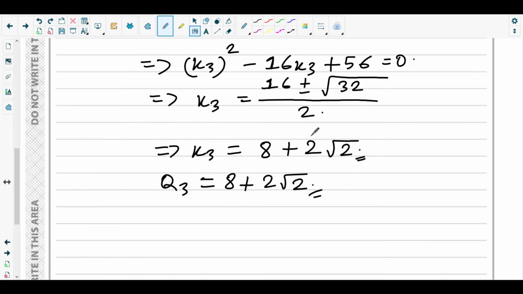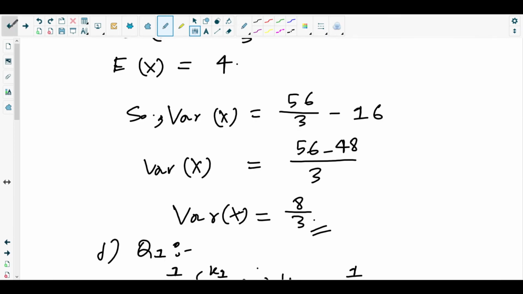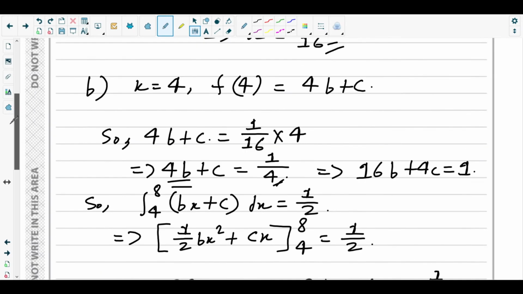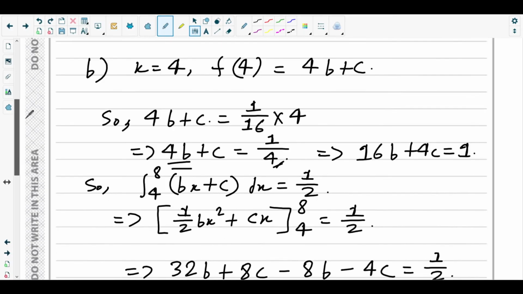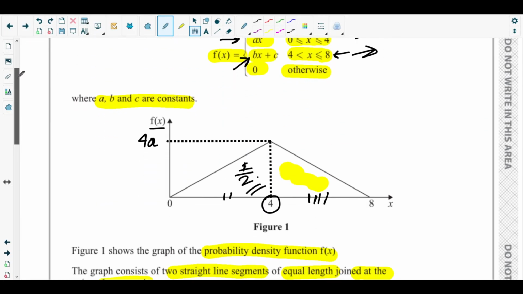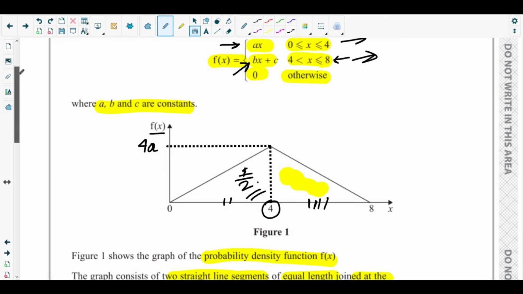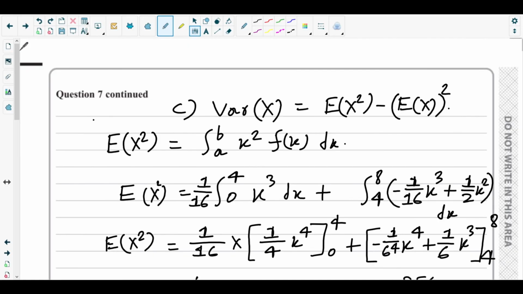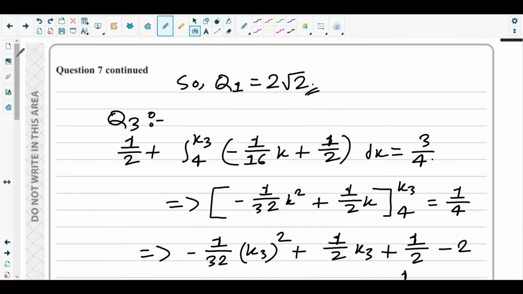Okay. So isn't 8 the upper limit? If 8 is the upper limit, okay, just hold a bit. Oh yeah, 8 is the upper limit. So it's Q3, it shows even greater than 8. It doesn't make sense.